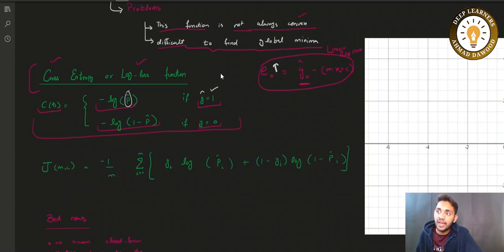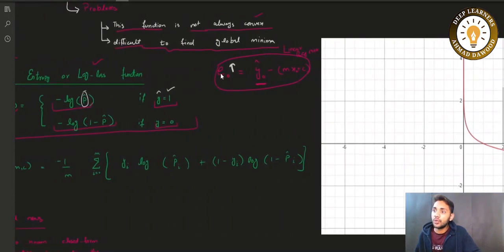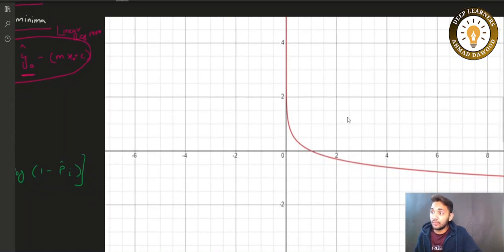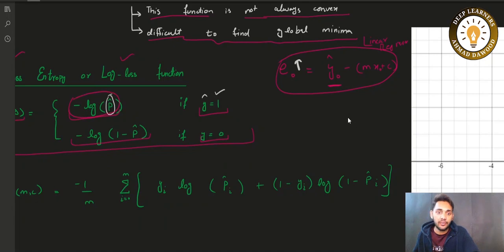The log of 0 is, as you can see in this graph of the log function, very high. The log graph never touches the y-axis, but it becomes closer to it. So when your actual value is 1 and your prediction is closer to 0, the log of 0 will be very high, and your cost will be very high.